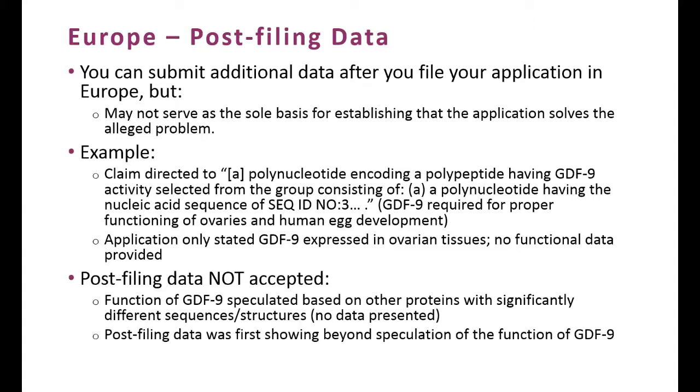There was nothing like that in the original specification. So for those reasons, the post-filing data was not allowed. So, I guess the obvious takeaway is you need to include some data in order to make arguments about what your antibody or compound or whatever your biological agent does.